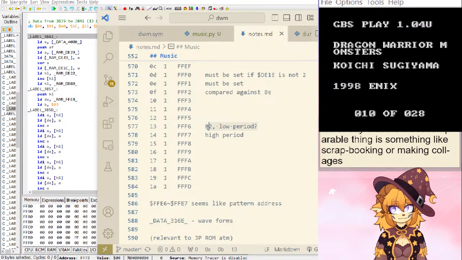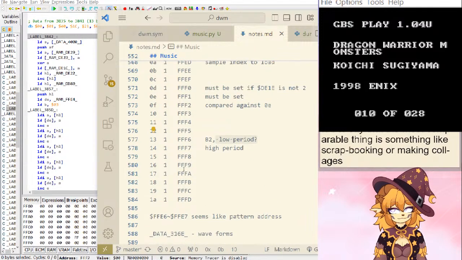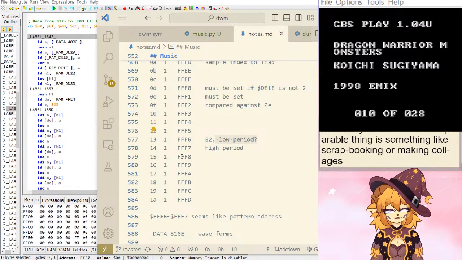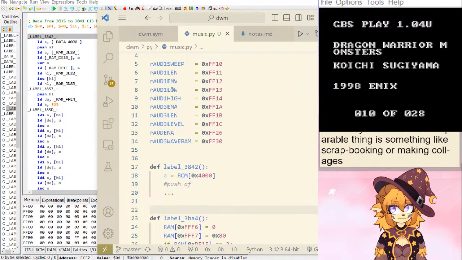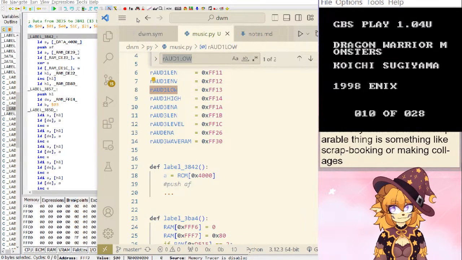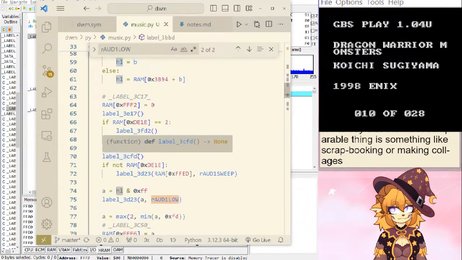Pretty sure this is the low period. I don't know what I meant by B2. I'll probably just erase it later when I confirm that it's the low period. I didn't see it actually being written to the low period, but I don't remember. It's mentioned anywhere? Yeah, it was HL.